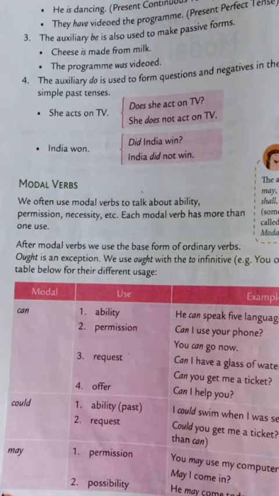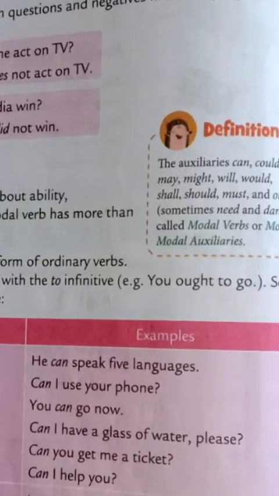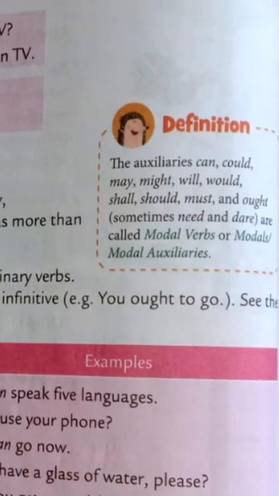Now let us learn modal verbs. Let us first see the definition. The auxiliaries can, could, may, might, will, would, shall, should, must, and ought, and sometimes need and dare, are called modal verbs or modals or modal auxiliaries.